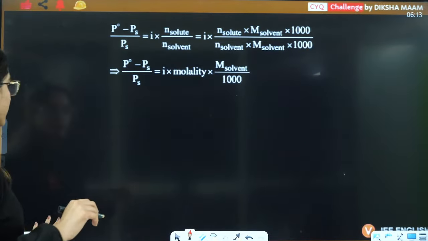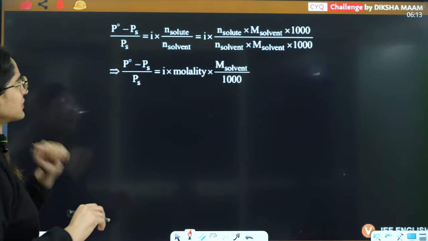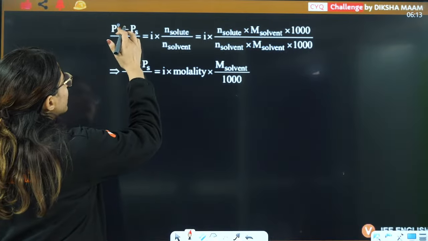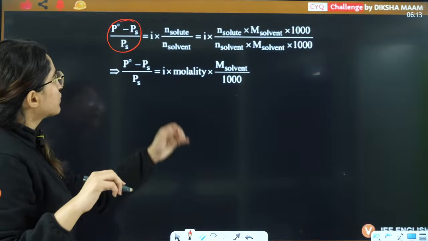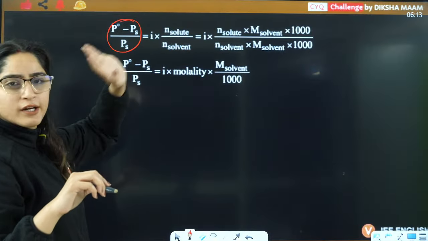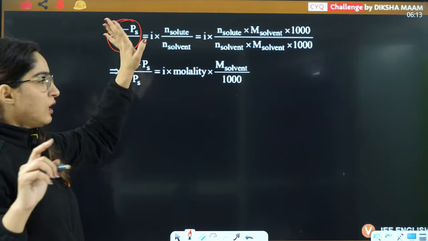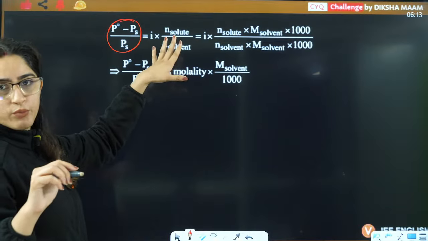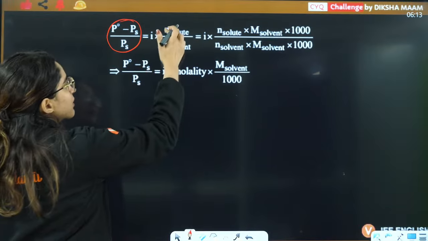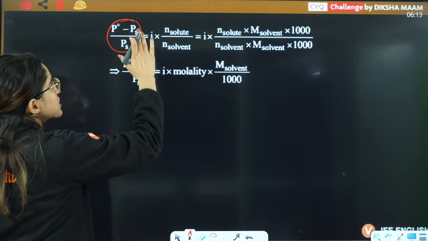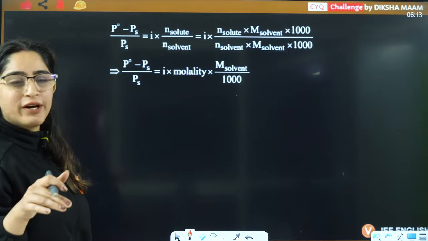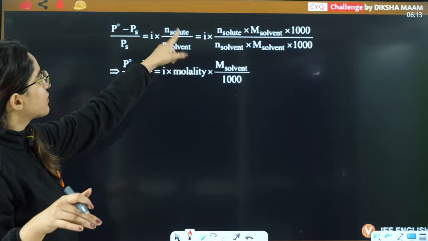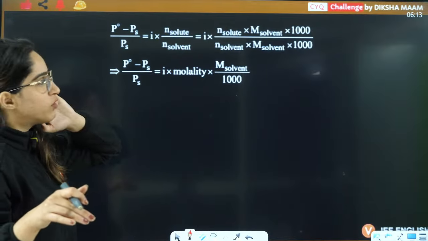Relative lowering in vapor pressure equals the van't Hoff factor times the mole fraction of solute. Mole fraction of solute is number of moles of solute by total moles. Solute moles are very less in comparison to solvent, so we write it as number of moles of solute by number of moles of solvent.